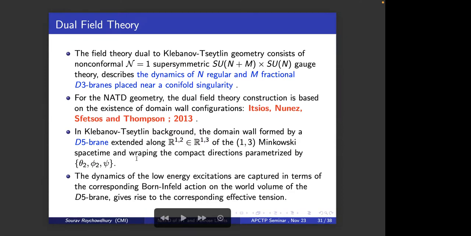Now, one can consider the low energy excitations, the Born-Infeld action with the world volume of this D5 brane, and this ends up with some effective tension. Now, these people carried out the same analysis for the T-dual case.